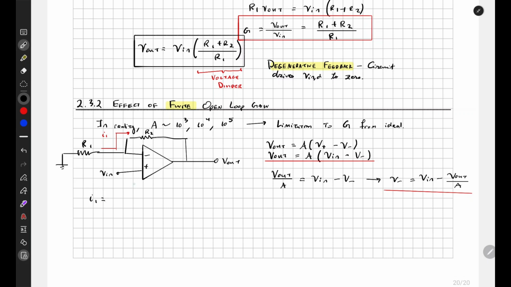So I1 is equal to this voltage minus this voltage divided by this resistor. So it is 0 minus V minus divided by R1. Another way of writing I1 is this voltage minus this voltage divided by this resistor. So it is V minus minus V out divided by R2. So this is just our KCL.